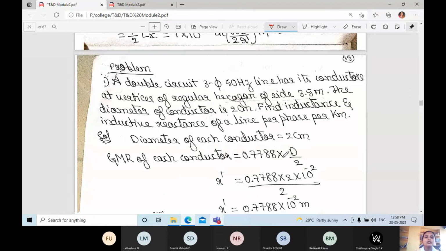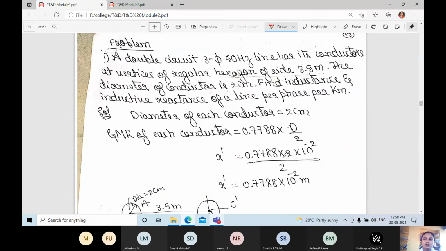A double circuit three-phase 50 Hz line has its conductors at the vertices of a regular hexagon of side 3.5 meter. The diameter of a conductor is 2 cm. Find the inductance and inductive reactance of the line per phase per kilometer. Diameter they have given 2 cm.